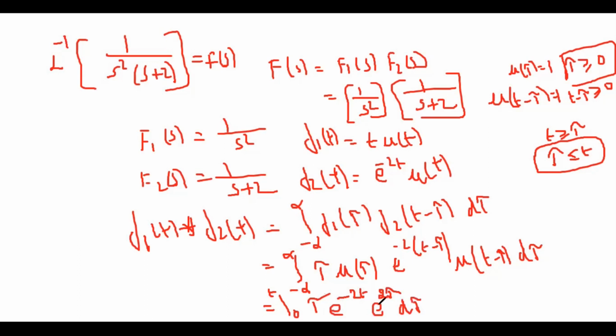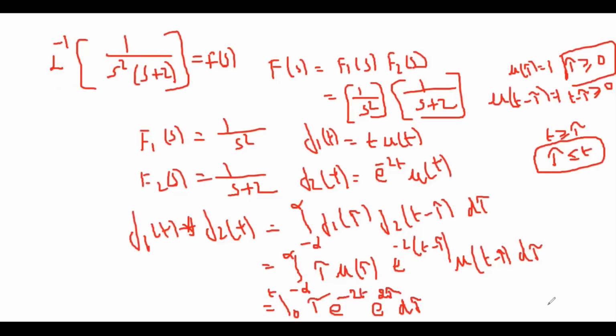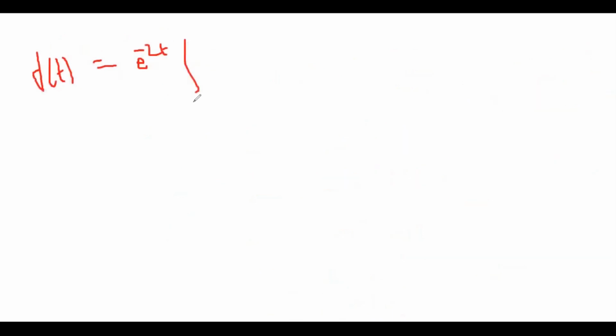Okay, apply integration by parts now. This f of t, as a convolution, is equal to e power minus 2t, which is a constant because it is a t value, and integral 0 to t of tau into e power 2 tau d tau.